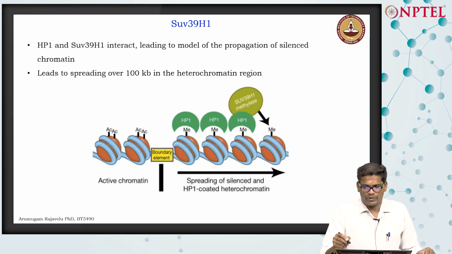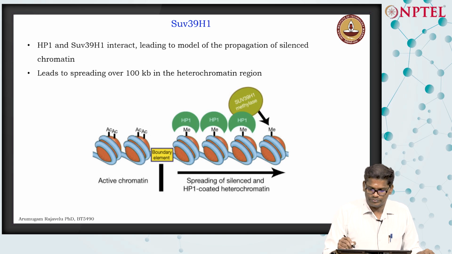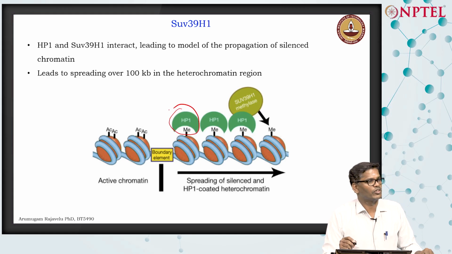Right. So after localization, how exactly did they come up with the model of why it is present in heterochromatin? By the time they identified this, we will see the story later when I talk about the epigenetic reader topic.